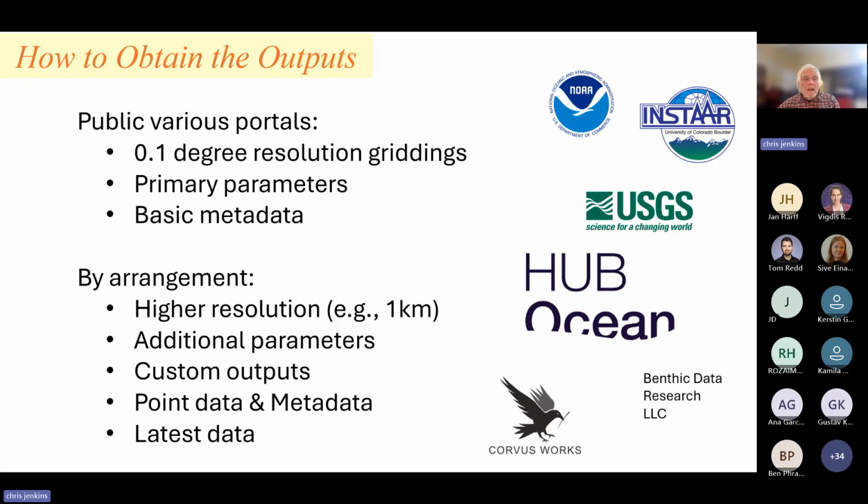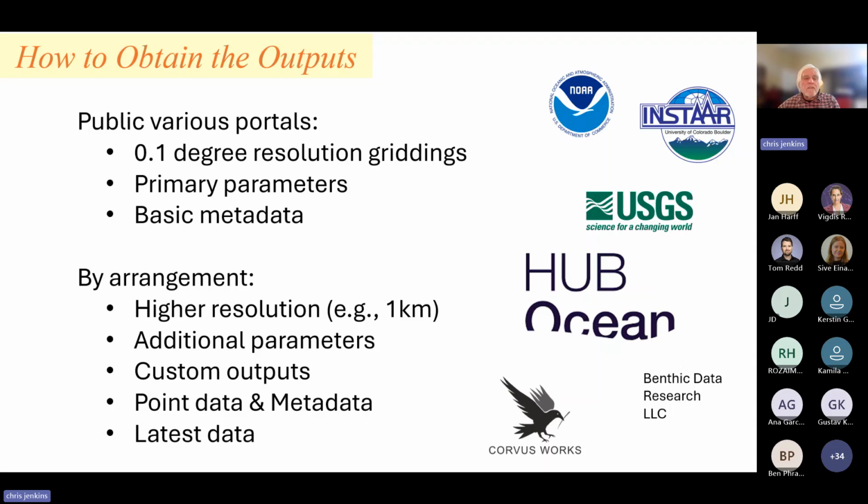All right, so by arrangement, call Gustav. He's a great guy to work with. We do produce mappings, even global mappings down to 1 kilometer. The number of parameters is actually considerably wider than I've shown this morning.